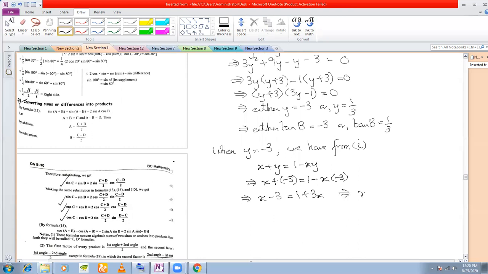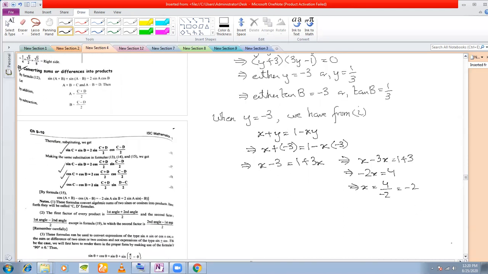That means x minus 3x is equal to 1 plus 3. That means minus 2x is equal to 4. That means x is equal to 4 by minus 2, which is minus 2. What is x here? x is tan a. That means tan a is equal to minus 2.